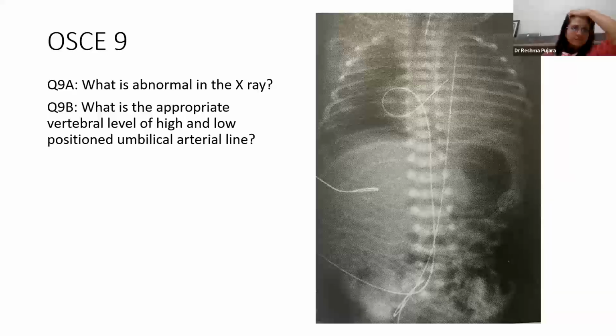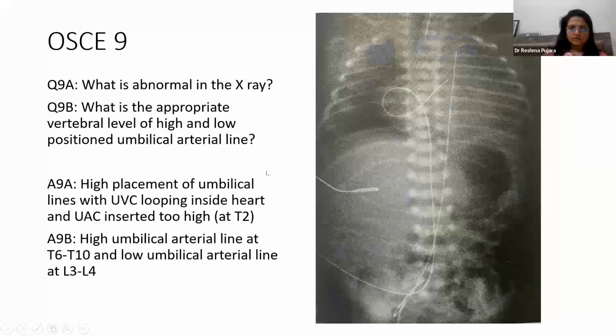Okay, fine. UAC T4, T6 is a bit too high. T6 to T9 high. At the level of the diaphragm, T6, T9, should be UVC, not UAC. Okay, fine.